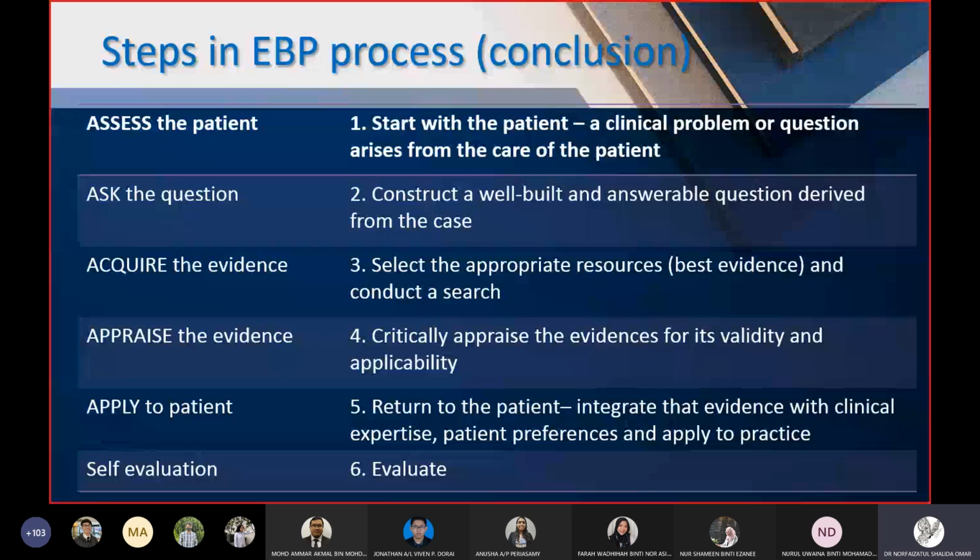Okay, so I hope these are the main concepts that you need to understand in EBP. What is the importance of EBP, the limitations, the steps, the EBP pyramid, what is the most reliable source, and the steps that you need to take: first assess the patient and then ask questions, then acquire evidence, appraise the evidence, and then apply to the patient.